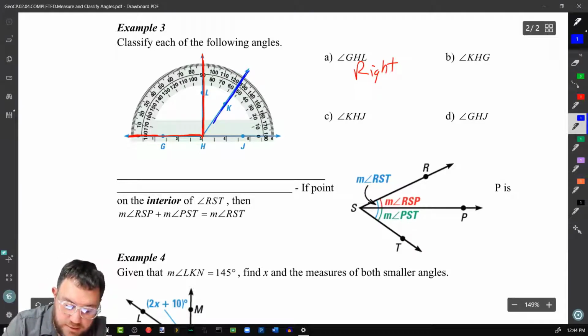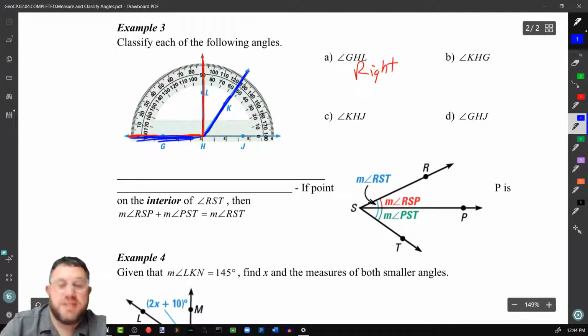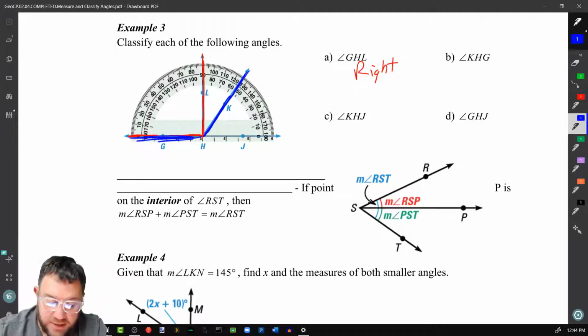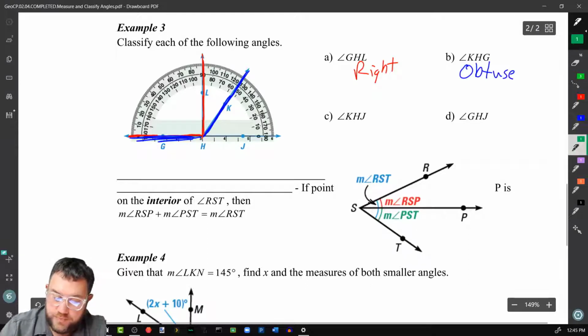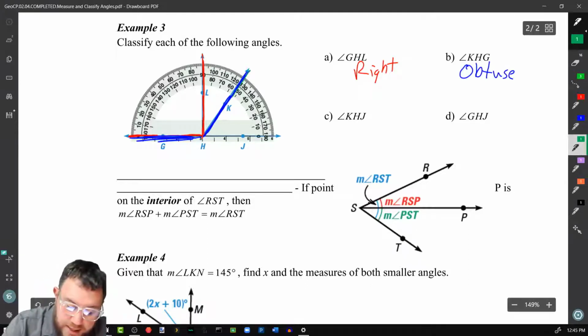KHG. That comes down here and then goes this way. That's the one we actually did a little bit ago. That's 125 degrees. It's greater than 90, less than 180, so that's obtuse. KHJ comes down there but then goes this way.